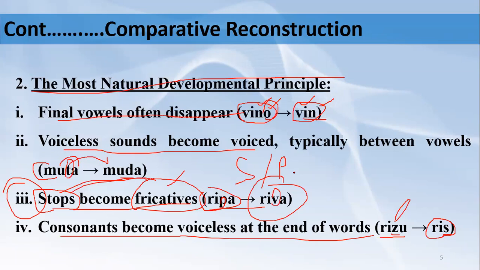Now, initially words have got these stop sounds, and later on, when a new language, or a modern variety of the same language, borrows the word from the older variety or from the older language, those words are derived with the fricative sounds. And not simply the plosive sound, the stops are converted into fricatives.